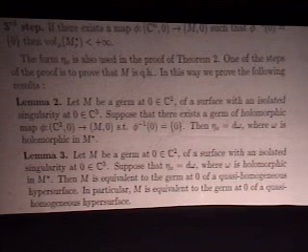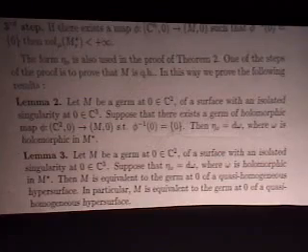Now the remaining part of the proof: once you have that the hypersurface is quasi-homogeneous, then it's not very difficult to find.